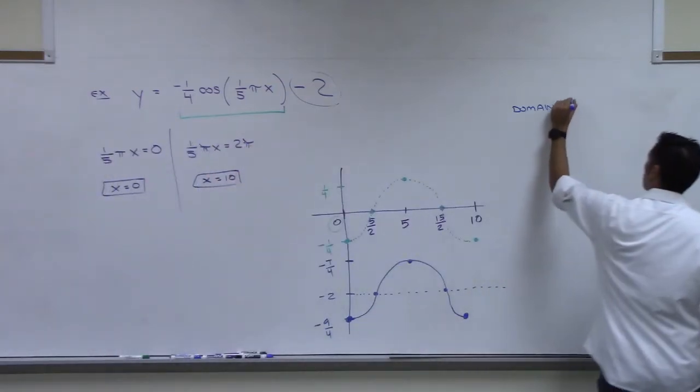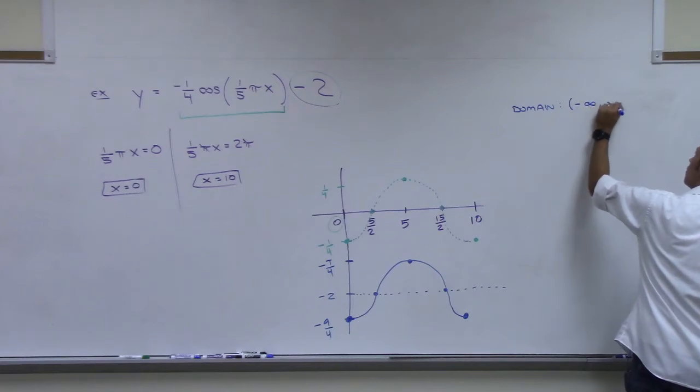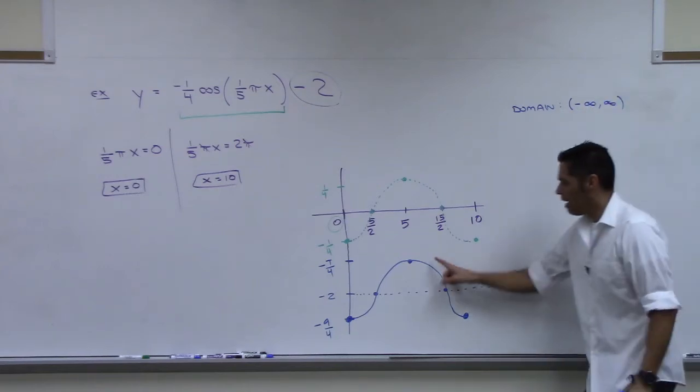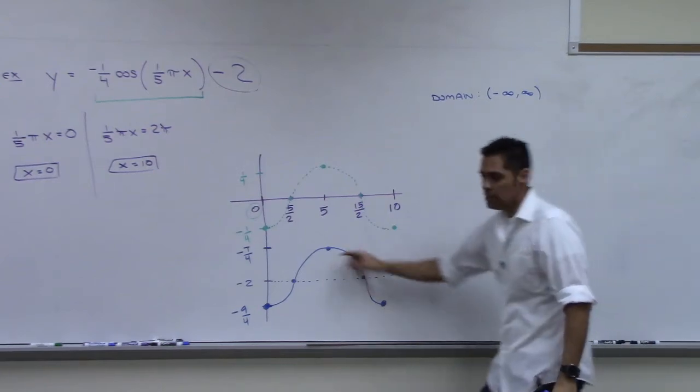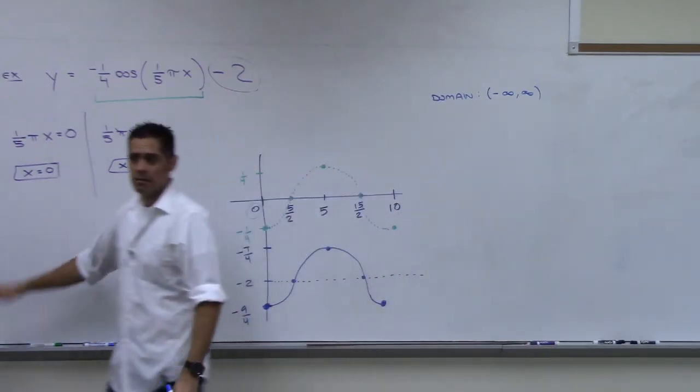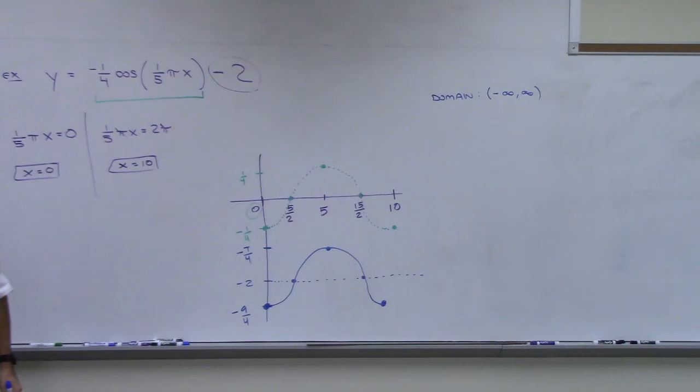You can still plug in anything you want, can't you? This graph continues this way forever, and it continues this way forever, right? For a sine and cosine function, unless you are told there's a restriction on the domain for some reason, then it should go forever in both directions.